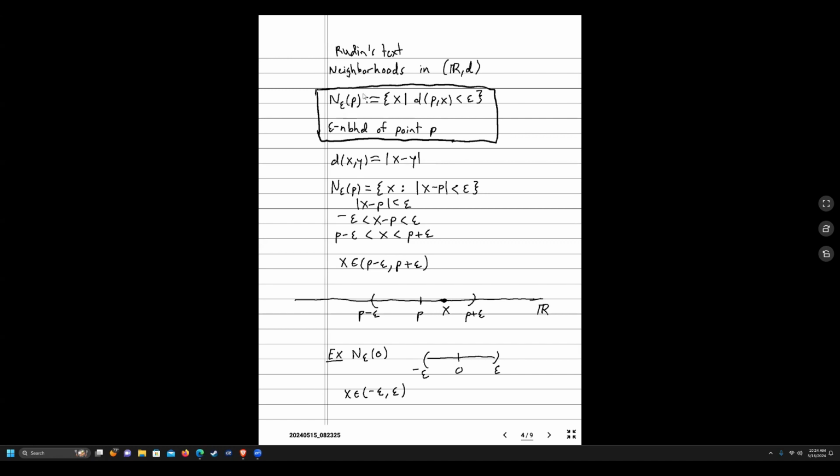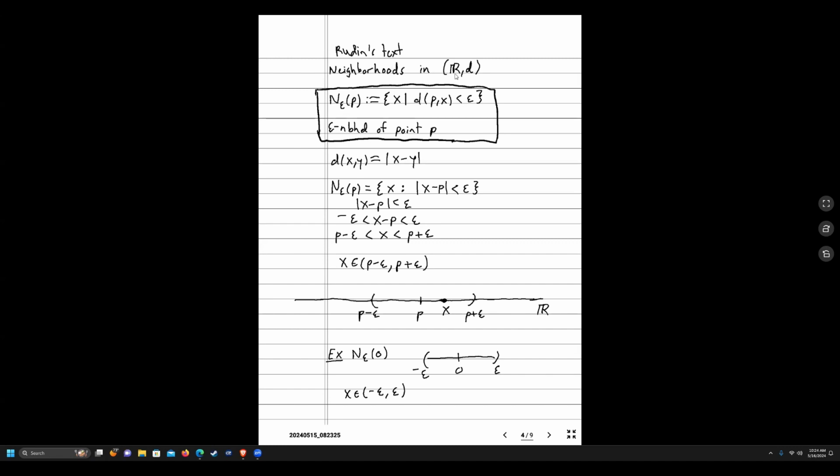Again, the texts are Principles of Mathematical Analysis by Rudin, Bartle's Introduction to Real Analysis, and also Cummings' Real Analysis, a long form textbook. I've been mainly using the other two. In this part of the playlist, I'm going to be using a lot of Rudin's terminology.